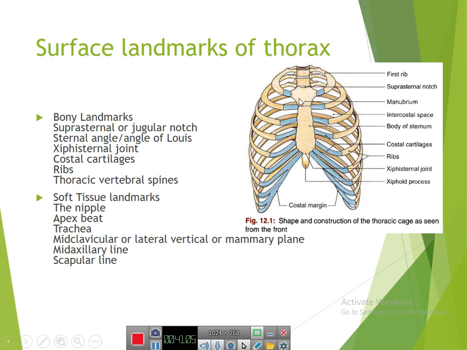In fact, it is felt just above the superior border of the manubrium, between the sternal ends of the clavicles. It lies at the level of the lower border of the body of the second thoracic vertebra.